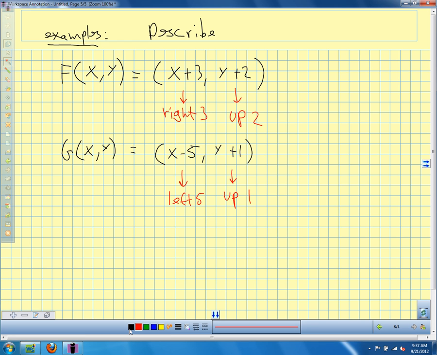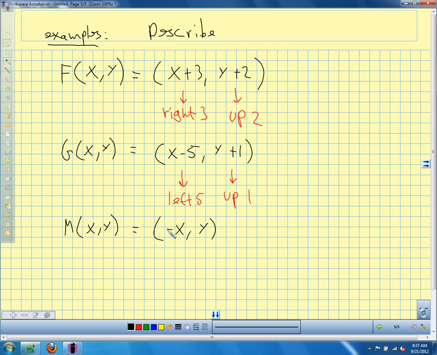How about, this one's a little trickier, if our transformation, we'll call it M this time, is minus x, y. What does this one do? Well, the y doesn't change.